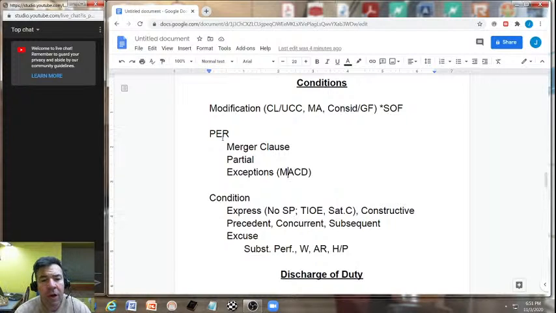In the scrivener's error context, we're going to be looking to see, can we bring in evidence of what the parties originally intended the, for instance, price term to be, even though there's an additional zero added on there that shouldn't have been there? And if that shouldn't have been there, can we reform that agreement to best fit the original contracting intent of the parties? And yes, you can. And then also the vague or ambiguous terms, just like we talked about, to clear that up.